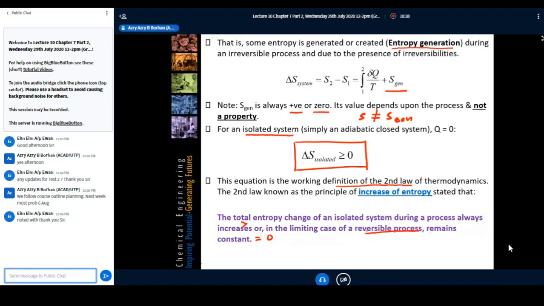Reversible is only encountered in ideal or experimental situations, where delta S is zero, whereas for an actual process, delta S for an isolated system is always greater than zero.